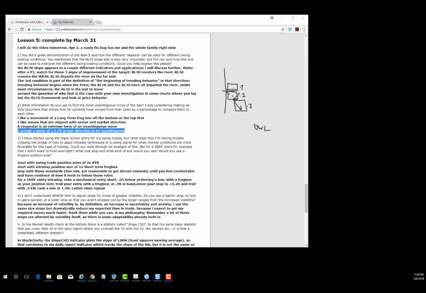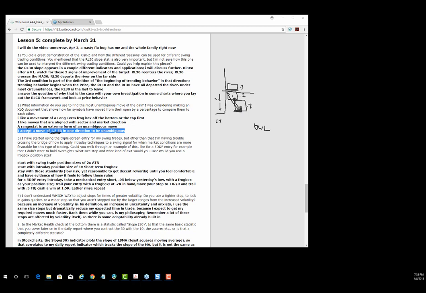So the owl pattern needs to see an unambiguous move. Well, if it has moved one hybrid frog and a second hybrid frog down, each one is 0.7, that comes out to be 1.4. So I'm just going to round that up and say I will accept 1.5 frog boxes in one direction to be an unambiguous move, and then that could be the direction of the move of the day.